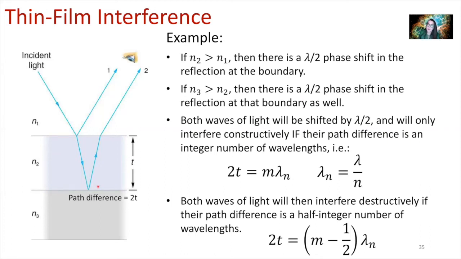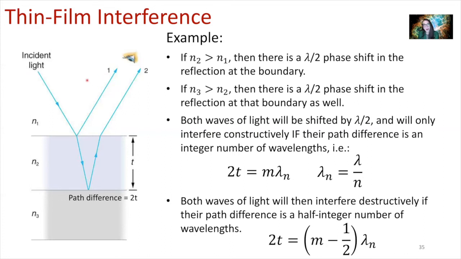These reflected waves, when we see them with our eyeballs up here, will appear to interfere constructively, that means add up to produce the bright points, if their path difference is an integer number of wavelengths, kind of like when we were thinking about the single slit and double slit diffraction. So our wave that bounces off the first boundary comes in, bounces back.